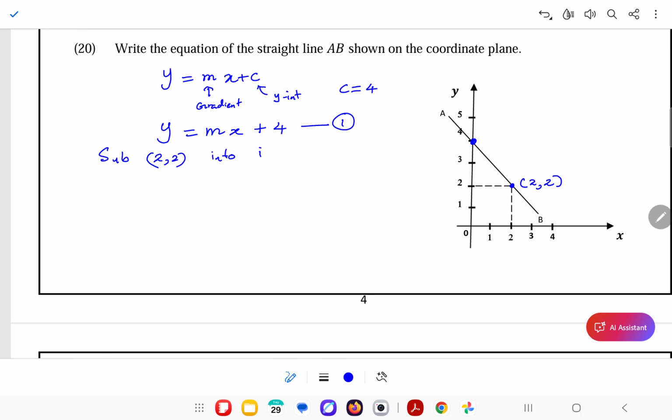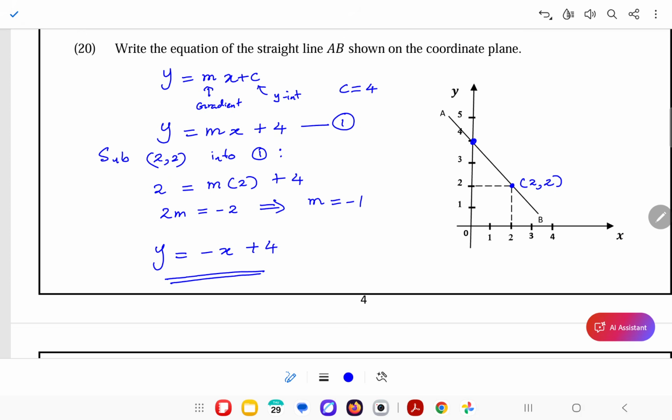So y is 2, x is 2. Simplify and find m: 2m is equal to minus 2, then m is equal to minus 1. So the gradient is minus 1, and y equals minus x plus 4 is the line we are looking for.